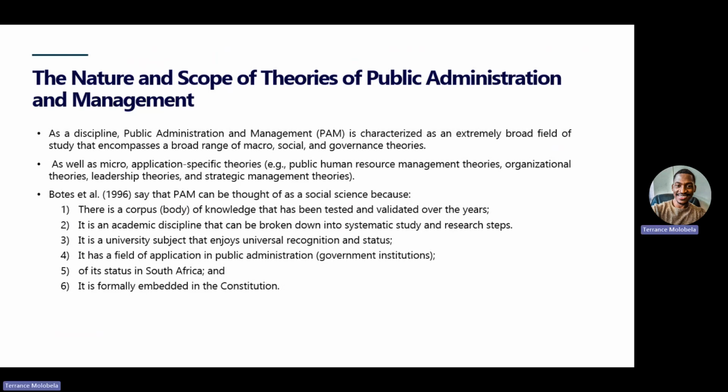It is also a university subject that enjoys universal recognition and status. It is also a field of application in public administration, government institutions. Its status in South Africa is important, because it is formally embedded in the Constitution. Very, very important to understand.